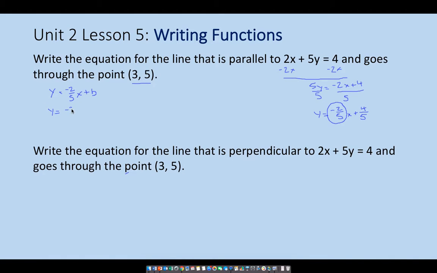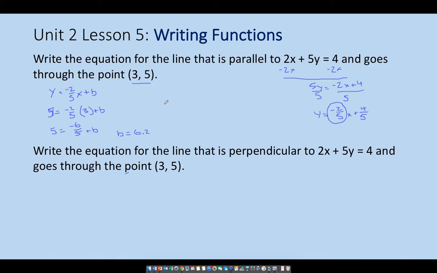So I've got 5 equals negative 2/5 times 3. x is 3, so I'll plug that in there. Now I can solve for b. I get kind of a weird 5 equals negative 6/5 plus b. So if I add 1.2 to both sides, I get b equals 6.2.